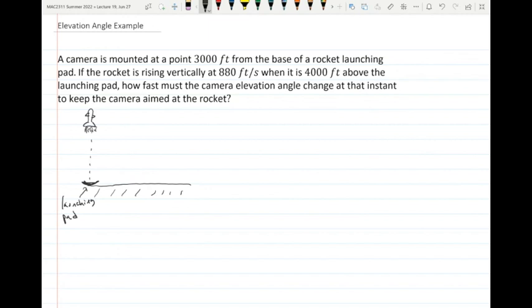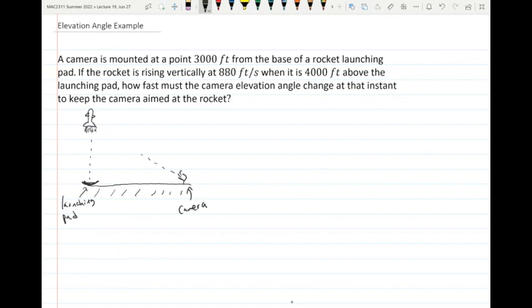When the rocket is launched, as it rises, the camera has to keep adjusting its angle so it's always pointing at the rocket. Do you understand this? If we take a snapshot of that moment in time, we get a situation like this. Somewhere in here we're going to have our camera, let's say this is the camera.